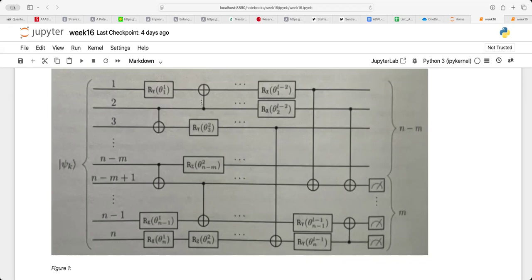In our case, you can think of this figure which you see here as a neural network, but where now the operations are replaced by operations on quantum mechanical states. The classical input is transformed into a quantum state, this state psi of k, and then it gets propagated by actions on each individual qubit.